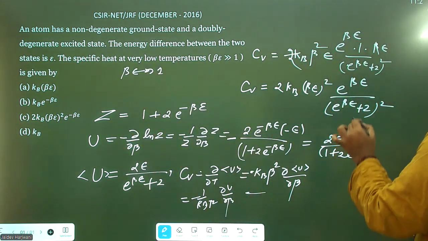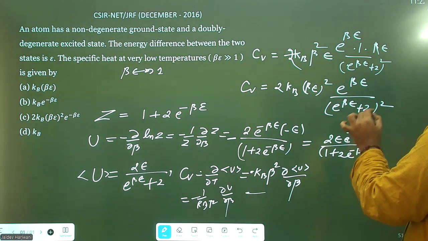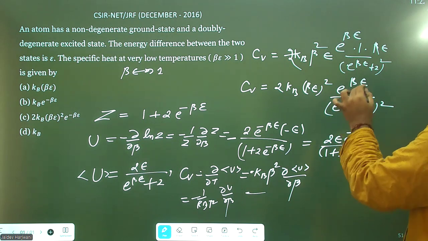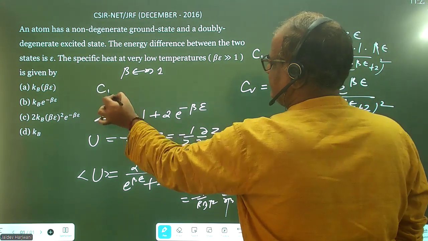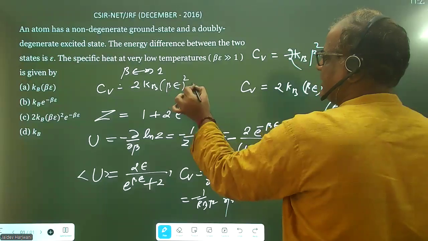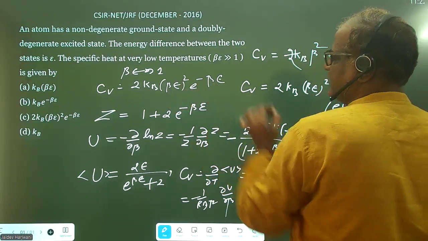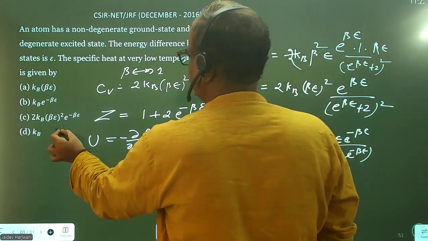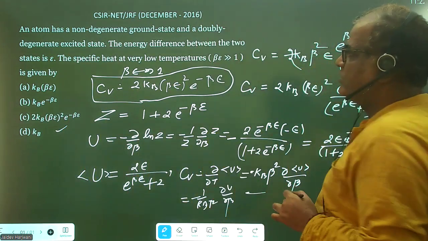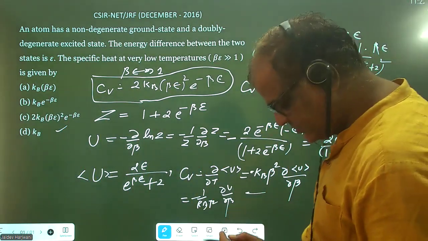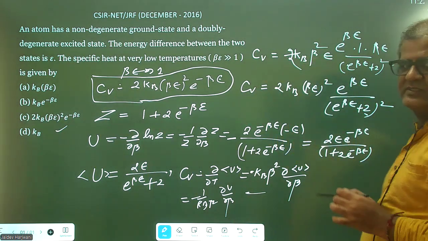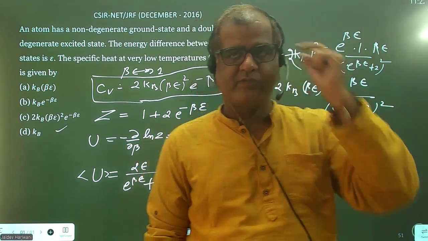That means in the denominator 2 is negligible, so you have e to the power 2 beta E, and if I solve this, C_V will be 2 k_B (beta E) square e to the power minus beta E, which is given as option C. Option C is the correct answer for this question for the low temperature limit, where beta E becomes very high. So you can neglect 2 and this becomes e to the power minus beta E. So this is the correct answer for this question. Hope you like the solution. Thank you very much.